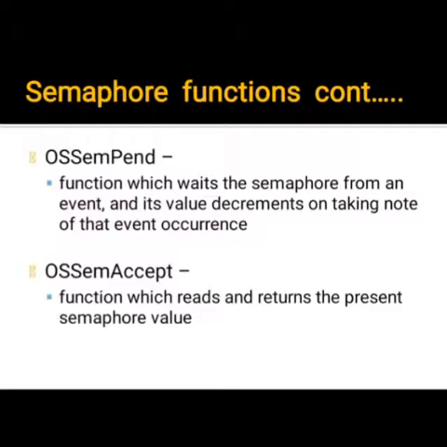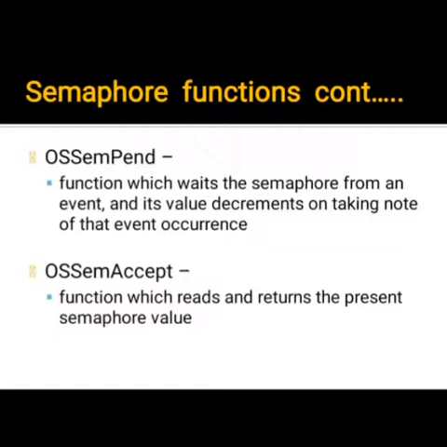If the semaphore is available, that means the count is greater than 0, then the access is granted to the task calling the function and the count is decremented by 1. If the semaphore is not available, then the task is blocked and put in the semaphore wait queue list. The task can wait till the semaphore becomes available or till a timeout occurs.